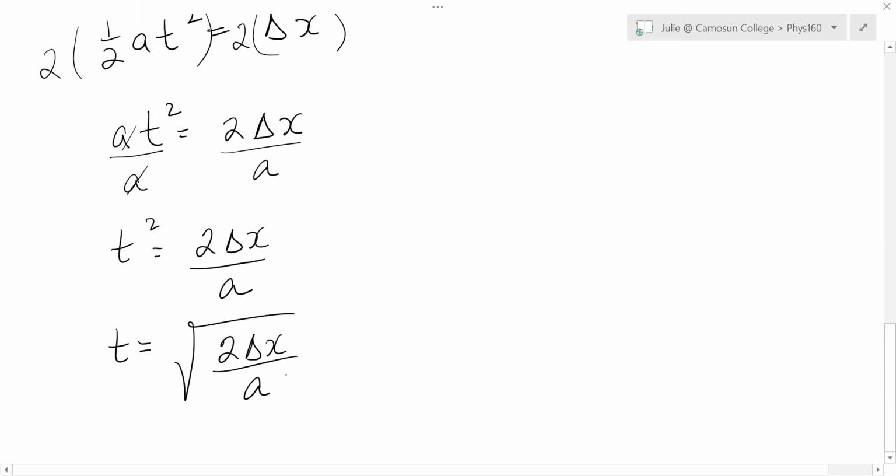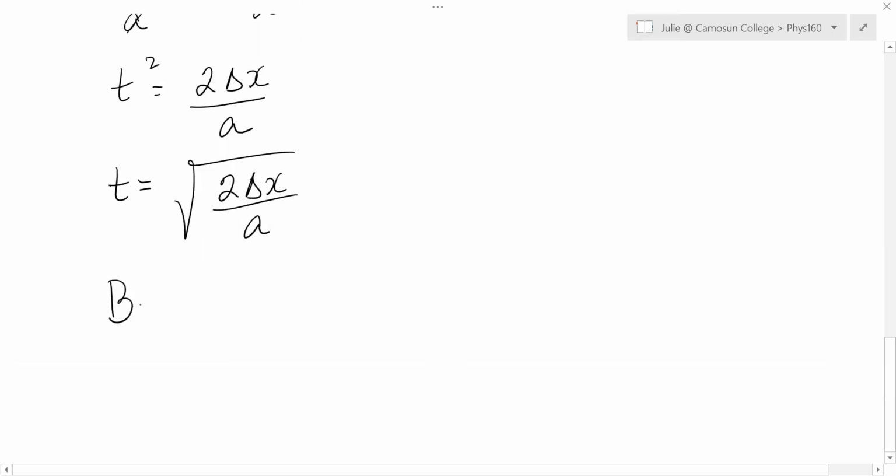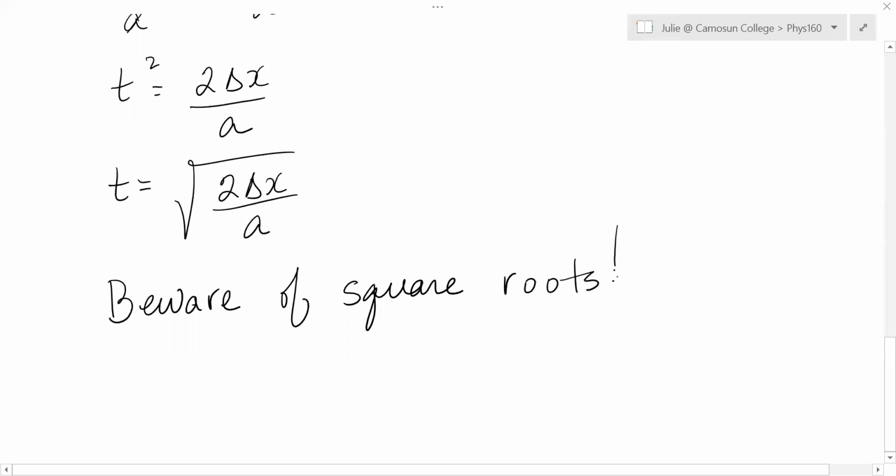Now, when I take that square root, I do not have to put plus or minus here because you're never going to have a negative time. But do beware of taking square roots when you're looking for velocities, final velocities. So, for example, let's just say we use this equation, VF squared equals VI squared plus 2A delta x.